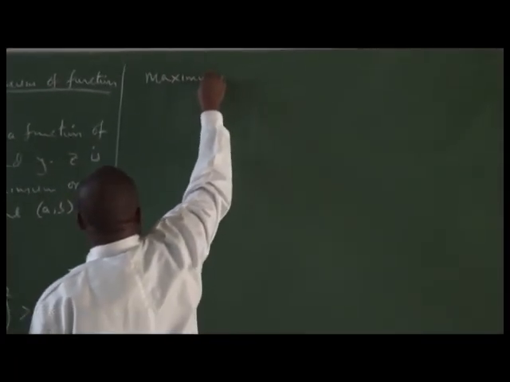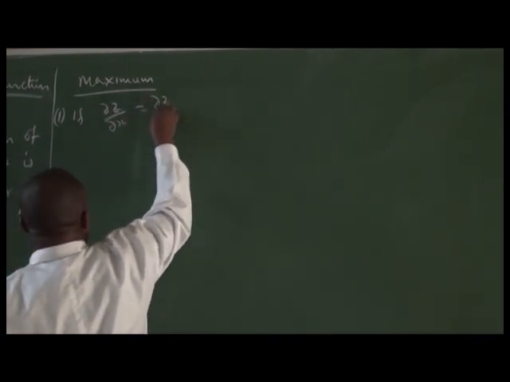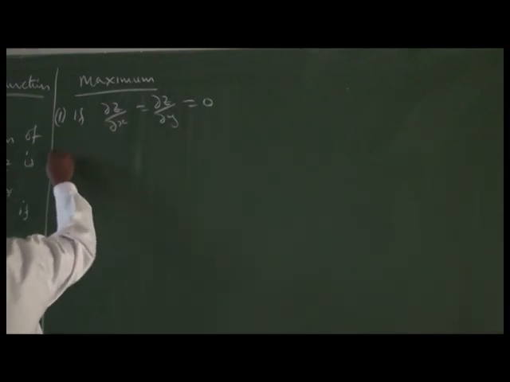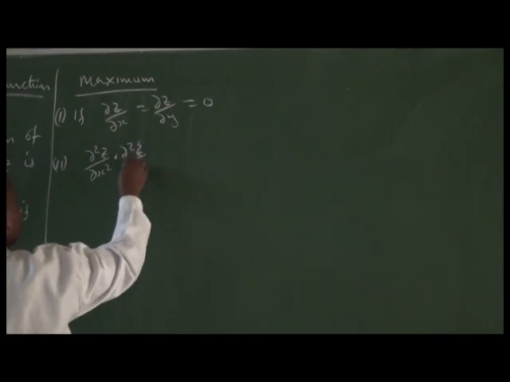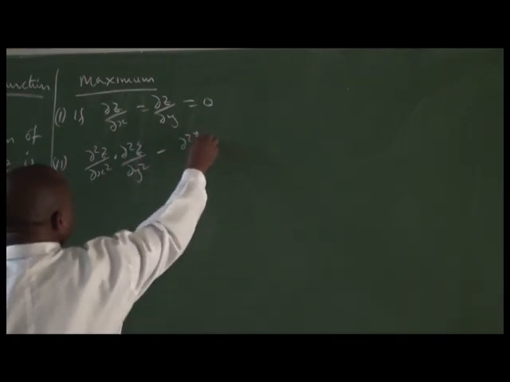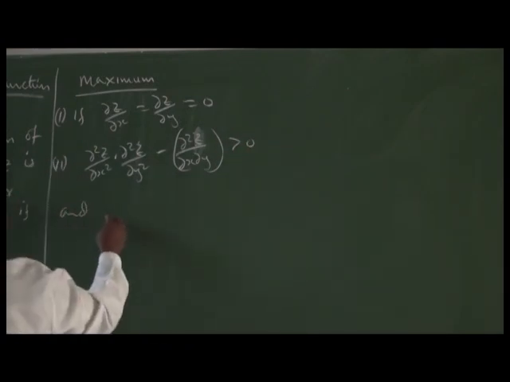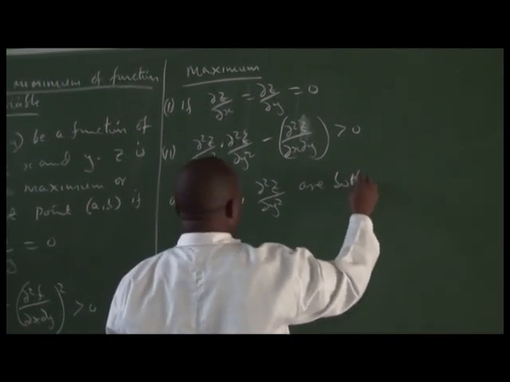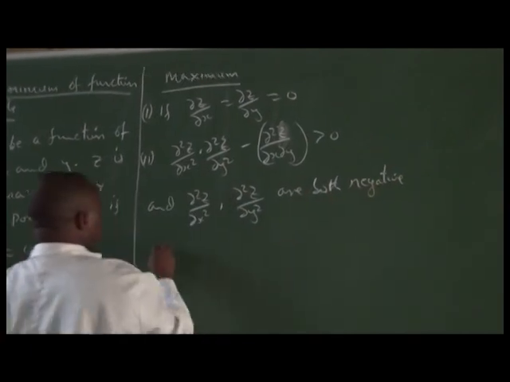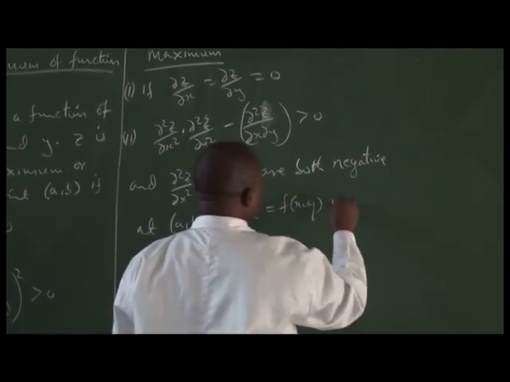For maximum: number 1, if partial z partial x equals partial z partial y, which is equal to 0; number 2, partial squared z partial x squared times partial squared z partial y squared minus the square of partial squared z partial x partial y is greater than 0; and partial squared z partial x squared and partial squared z partial y squared are both negative at (a, b), then z equals f of x, y is maximum.